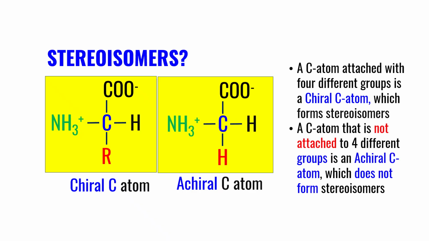And the carbon which is not attached to four different groups is known as a symmetrical carbon atom or achiral carbon atom. Such a molecule will not form stereoisomers. So stereoisomerism is the property of a chiral or asymmetrical carbon atom in organic molecules such as amino acids and also carbohydrates.